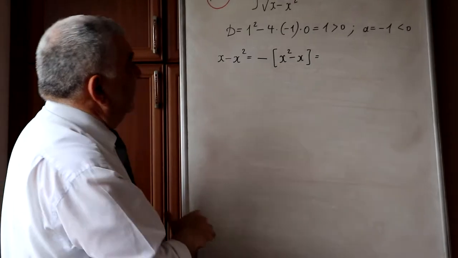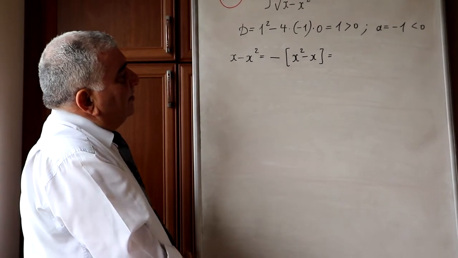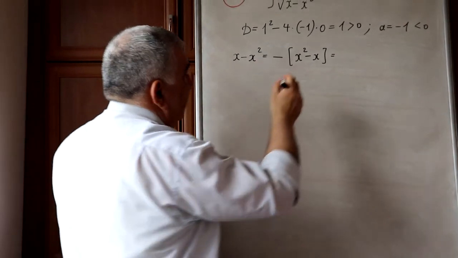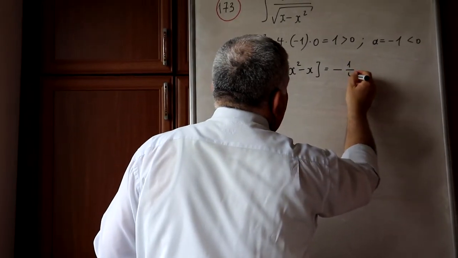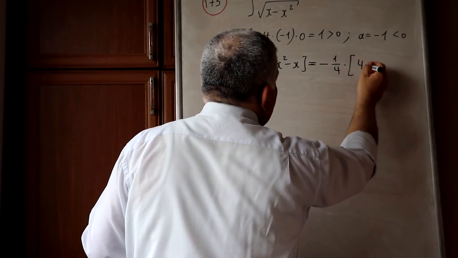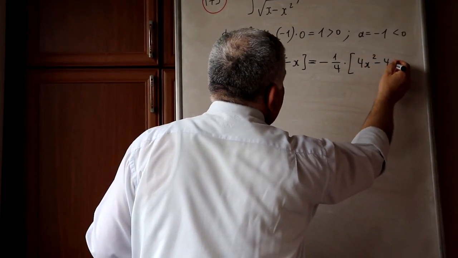Then, to complete the square, multiply and divide this expression by 4: minus 1 fourth multiplied by (4x squared minus 4x).